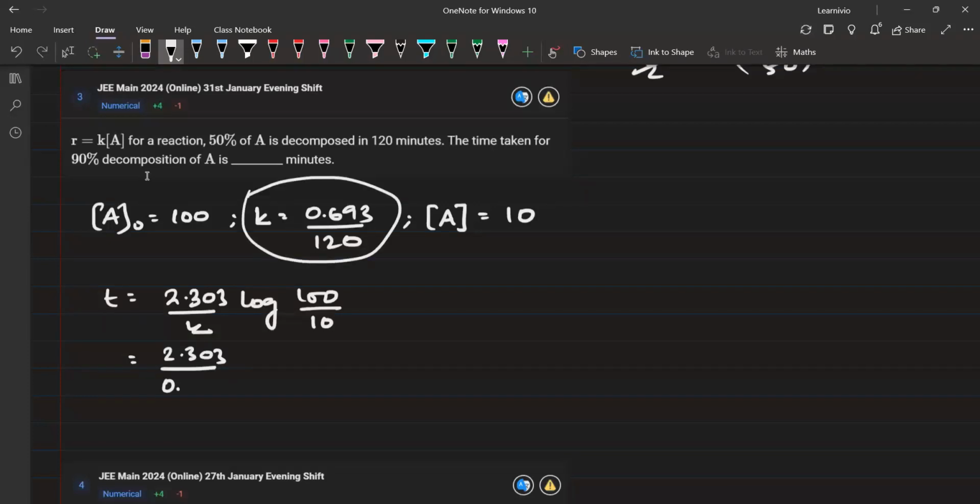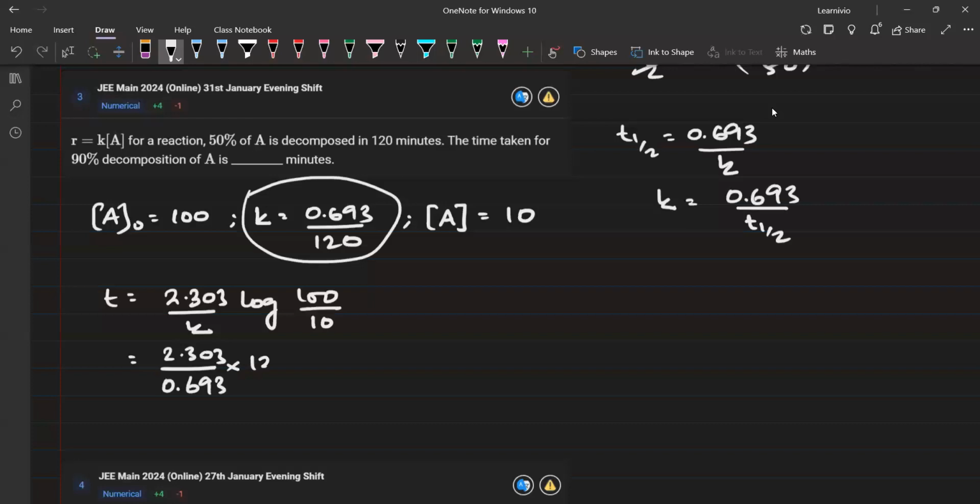K is equal to 0.693 upon T half, no? Yes. T half is equal to 0.693 divided by K. So K will be equal to 0.693 divided by T half. Make sense? Yes, sir. So K will be equal to 0.693 divided by 120. It will be multiplied here by 120. Log 100 upon 10 is log 10, and log 10 is equal to 1. So this is the time you can calculate.